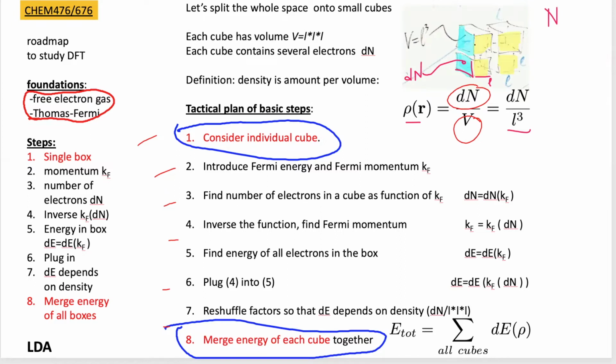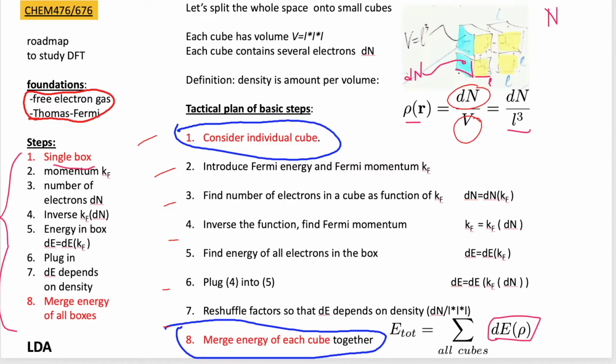Good. And I'm not going to waste time on this plan. It will be reproduced on the side box, and I will highlight what we cover. At the very last step, we will add together energies of individual cube.